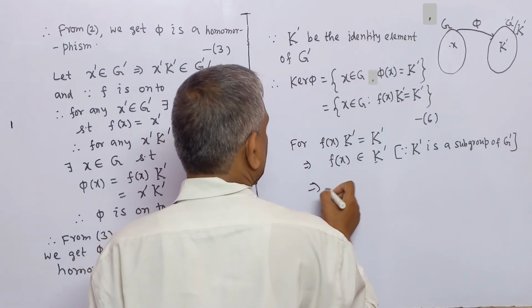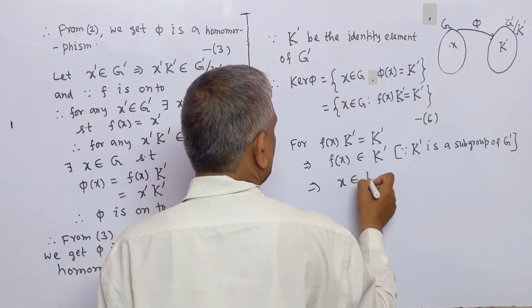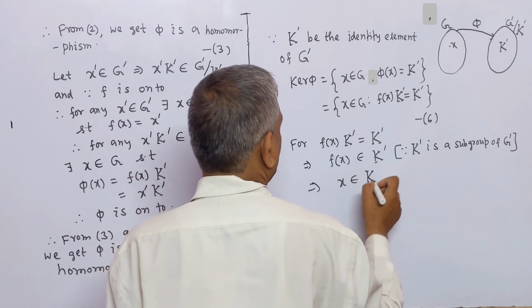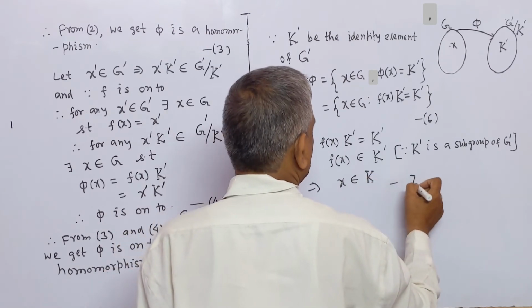And this means x belongs to K. This is number 7.